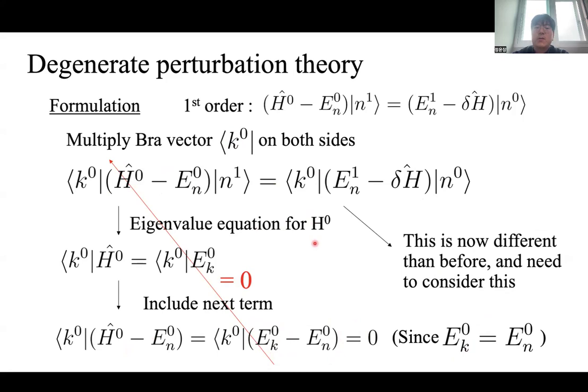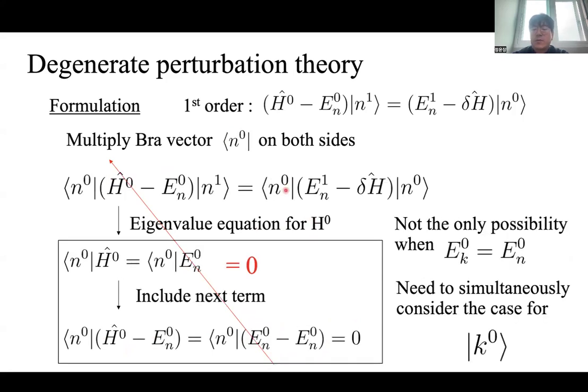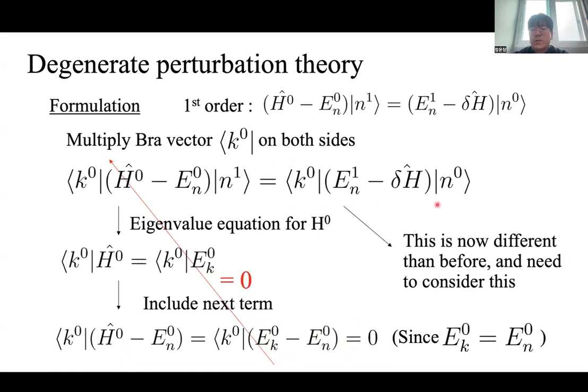I need to consider how this affects the problem, because if you look at the right side, this is clearly different from this, where I have k on the left side, but I need to consider both simultaneously so that I can properly solve the problem.